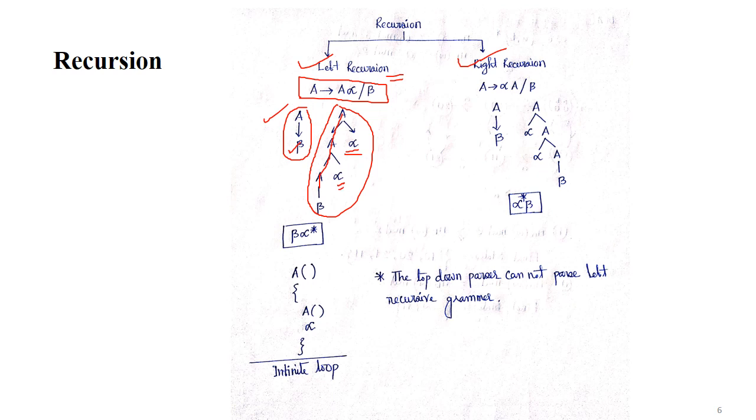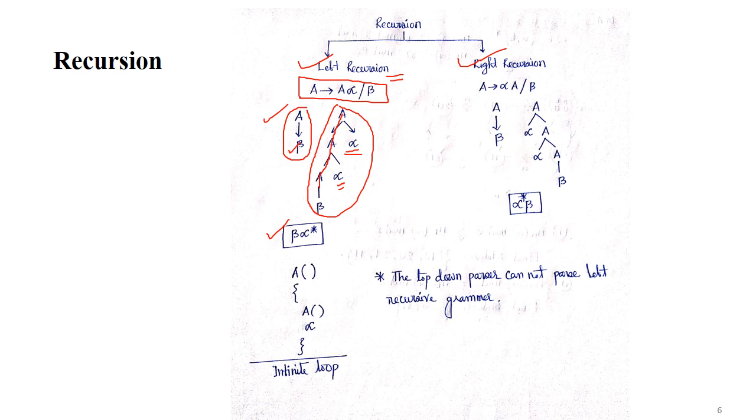So using these two productions, I can write formally beta alpha star. This is my generalized output, because in this second parse tree you can see beta alpha alpha. That means I can generate alpha as many times as I require.